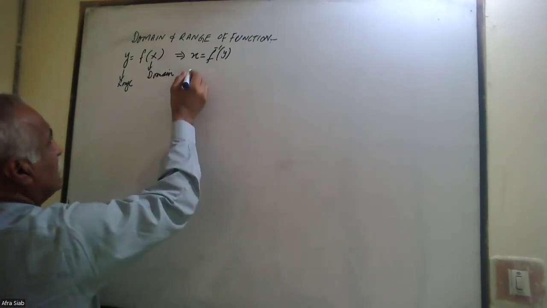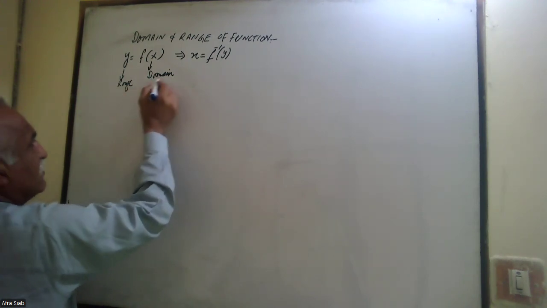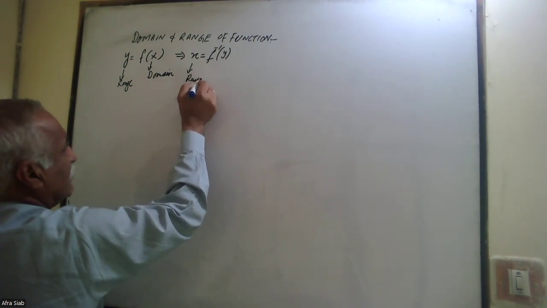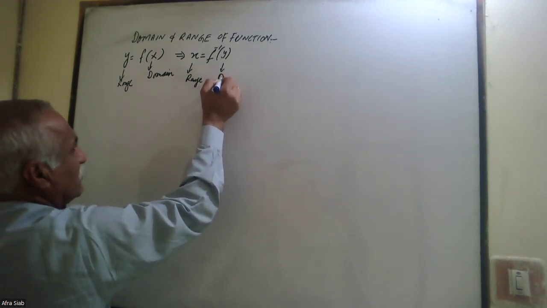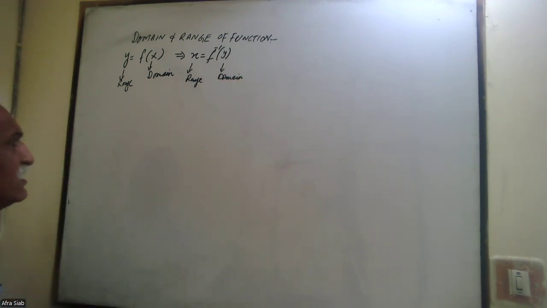Then x will become the range and y will become the domain. So we interchange their positions.